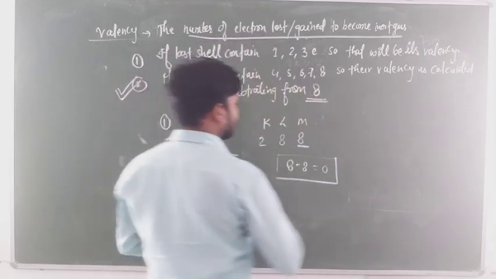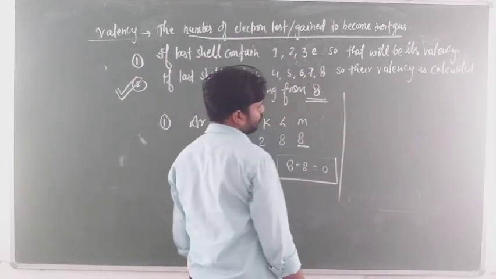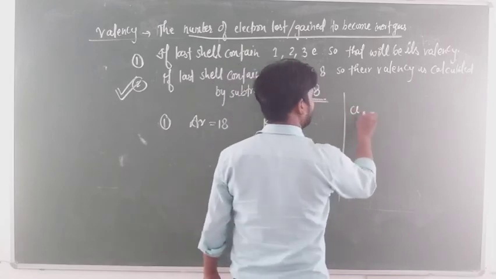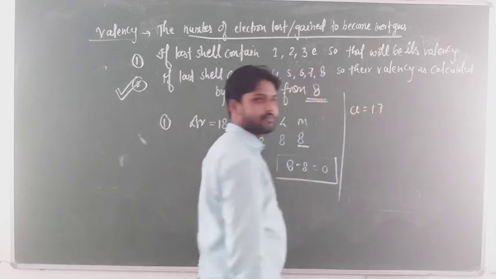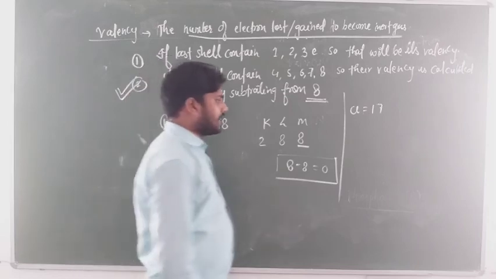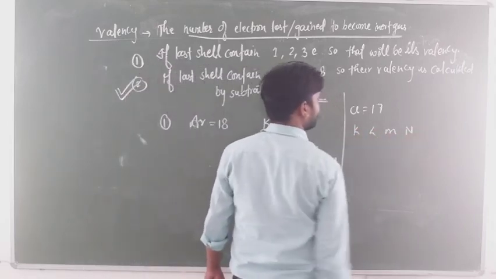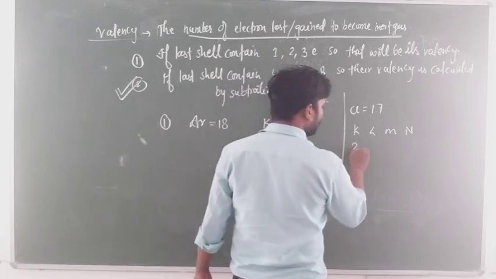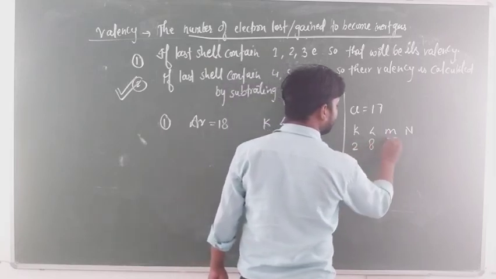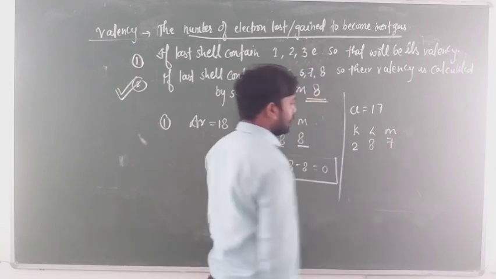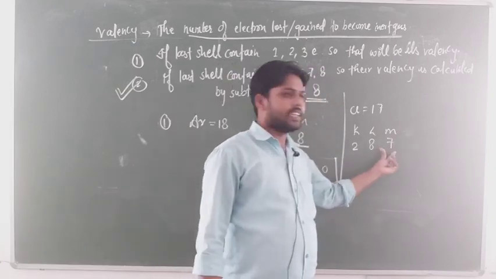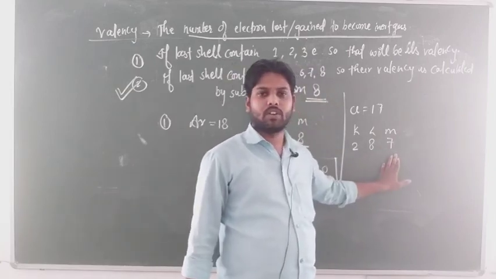Now check another example. Chlorine, atomic number 17. Now K, L, M, N: 2, 8, 7. Now students, the last shell contains 7 electrons.